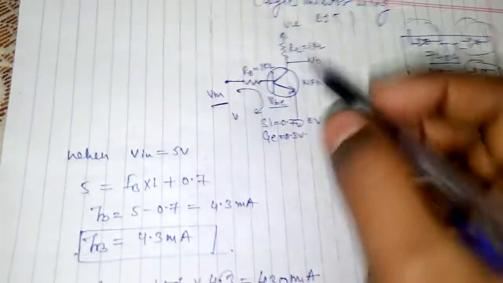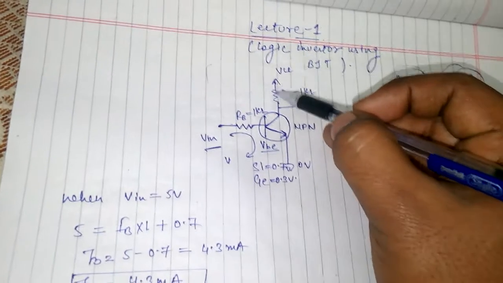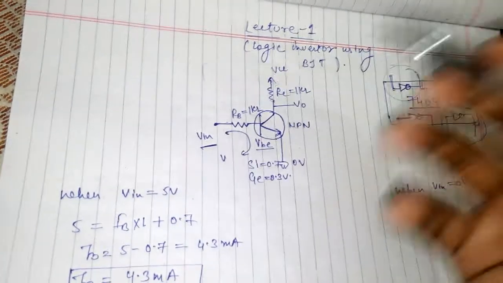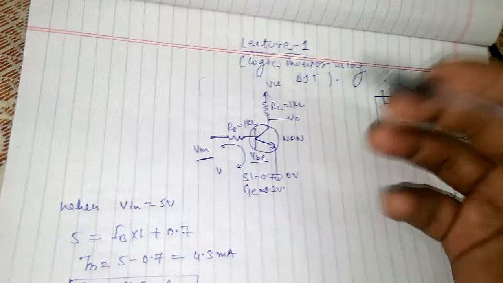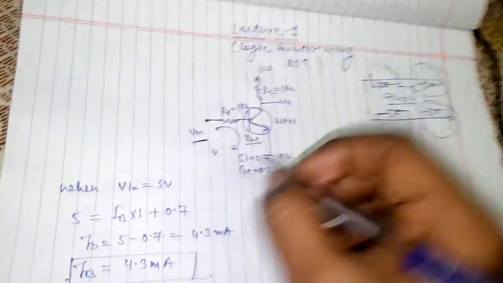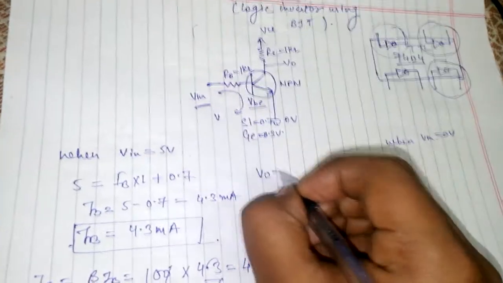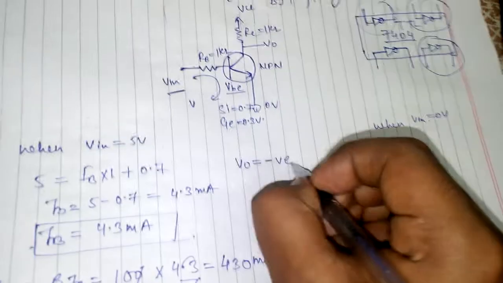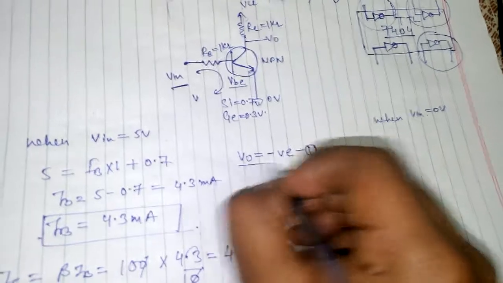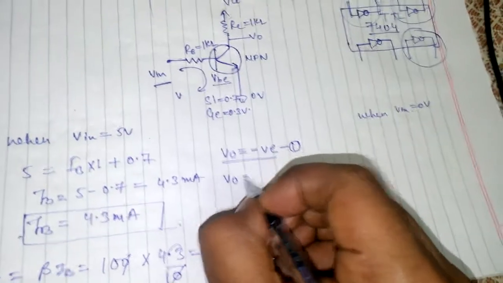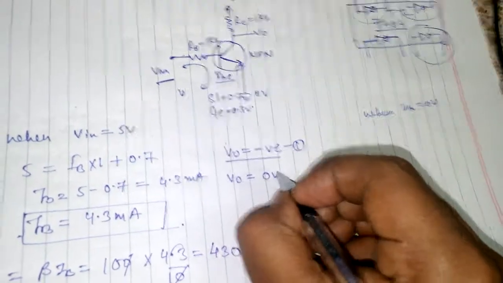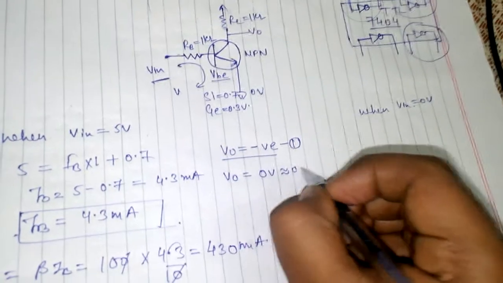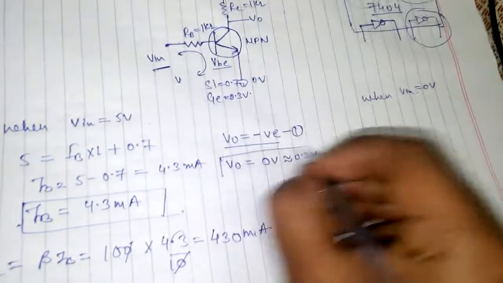So this collector current, when multiplied with the collector resistance, would cause a very high voltage drop across it. So our output would go negative, but instead the transistor will give the output 0 volt or practically 0.2 volt.